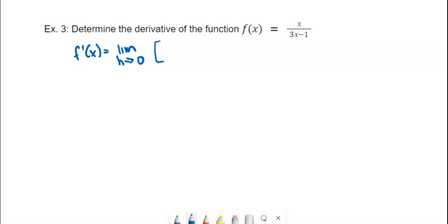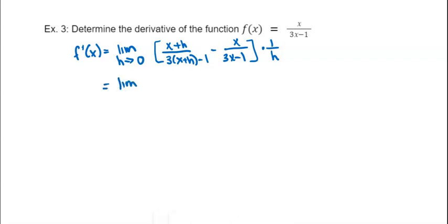So my first term, (x plus h) over (3 times (x plus h) minus 1), minus the second term as it is, or the second f of x. This is all divided by h. I'm going to write that over here just to keep it simpler for me. Oops, sorry.